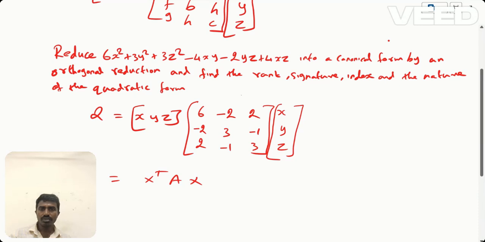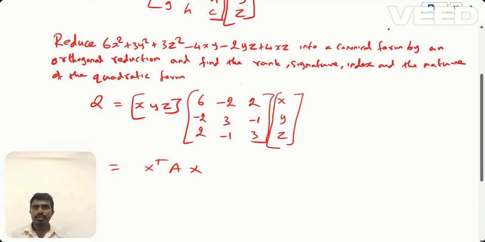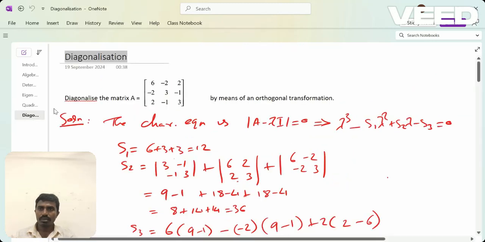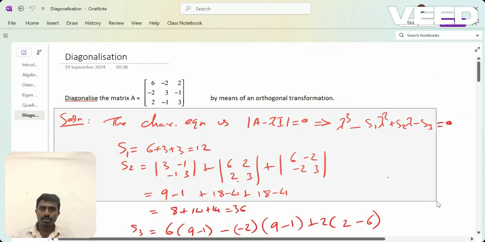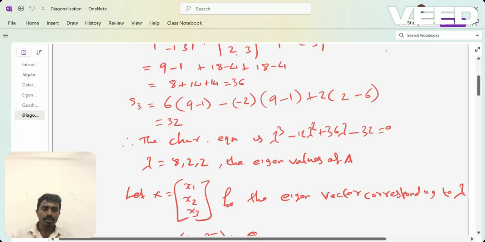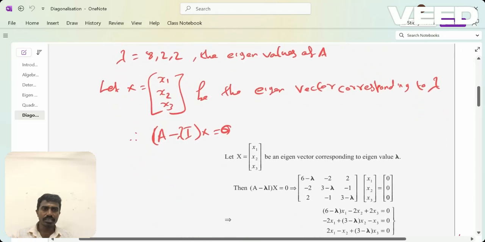Now we need to reduce the quadratic form to canonical form. For that, first find the eigenvalues and eigenvectors of the matrix A. This we already found, and I am taking it from that, so you can verify. If you want, you can go through how to diagonalize the matrix.